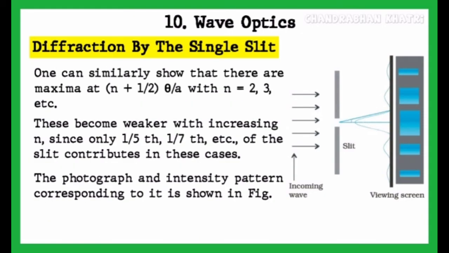One can similarly show that there are maxima at n plus half into lambda by a, with n equal to 2, 3 and so on. These become weaker with increasing n, since only 1/5th, 1/7th, etc. of the slit contribute in these cases. The photograph and intensity pattern corresponding to it is shown in this figure.